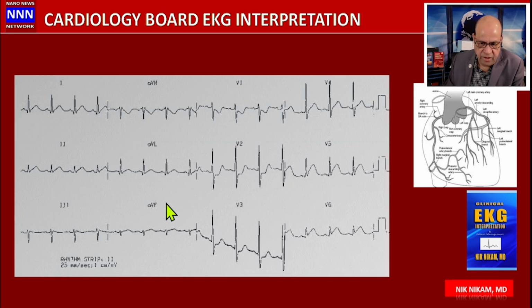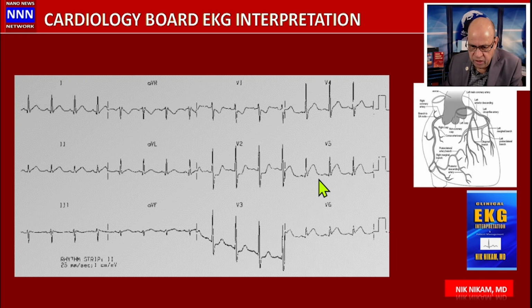Okay, here we have, what do we have here? We've got a sinus rhythm, and we have tall R waves here, which are uncommon. Now we have the ST depression and an upright T wave. This is like a mirror image of what we would expect to see in a posterior myocardial infarction.